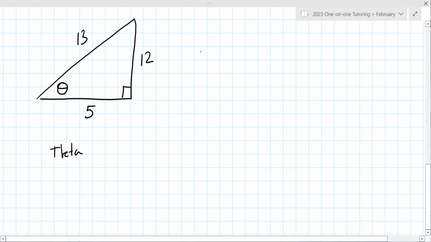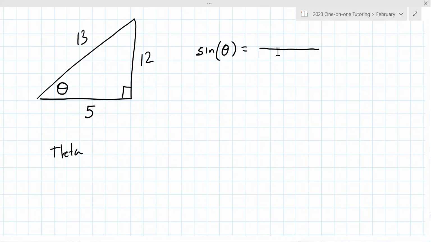Good. Sine of theta equals what over what? What word goes here on the top? This is what I asked you to write down. You said you wrote it down. What goes up there at the top?